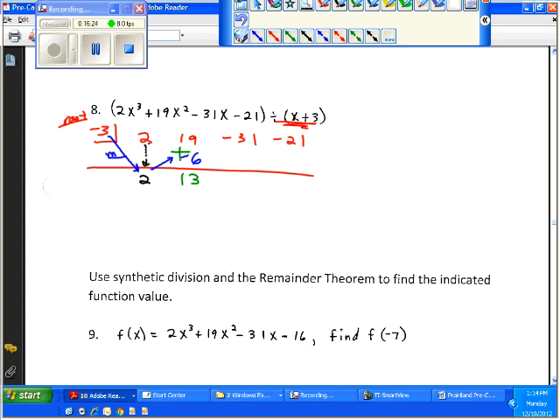And then we multiply. Negative 3 times 13 is negative 39. And then we add negative 70.